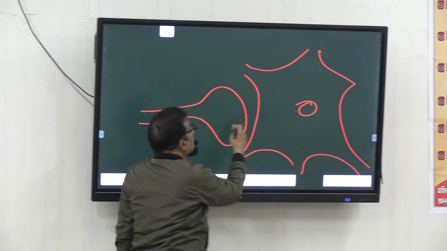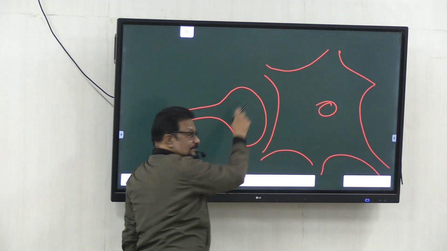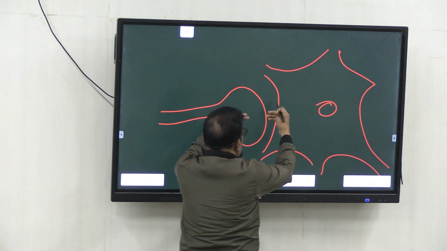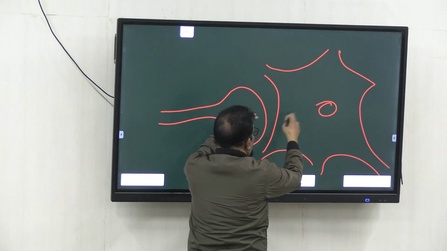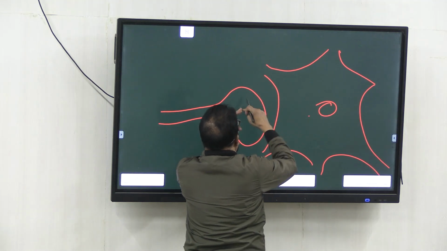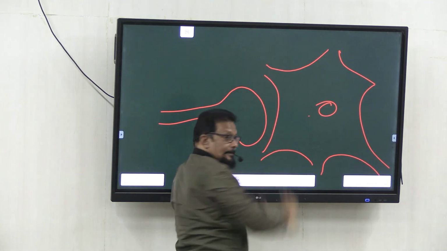This synaptic nerve can make connection with other neurons, either in between cell body and synaptic nerve, or in between dendrite and synaptic nerve.